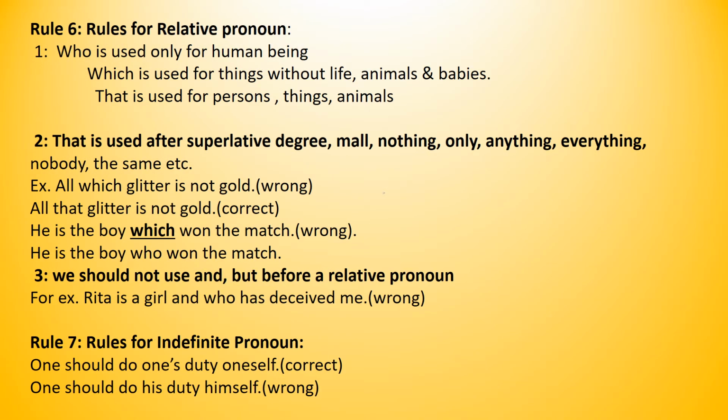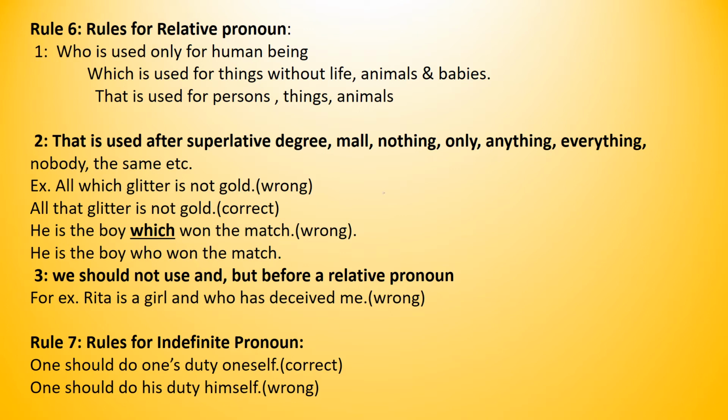Let's see some rules related to relative pronouns. Number 1, who is used only for human beings, which is used for things without life, animals and babies. That is used for persons, things and animals. That is used after the superlative degree, all, nothing, only, anything, everything, nobody, the same, etc. For example, all which glitter is not gold.